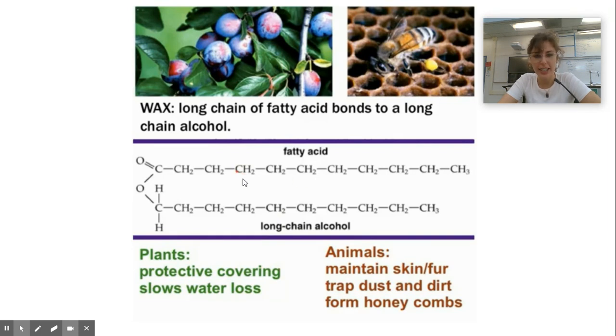So here is your fatty acid and here is your long chain alcohol. Okay. And so you can see your carbon here at the end is double bonded to an oxygen. Okay. And that would give you an OH. And then these two will join together and that will form a wax.